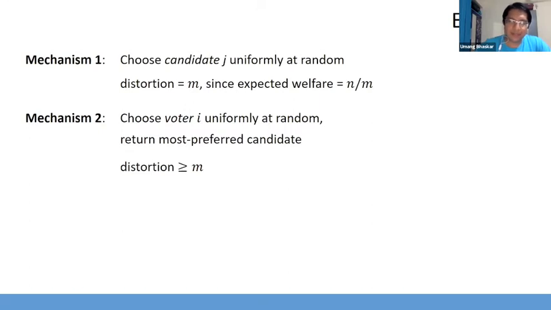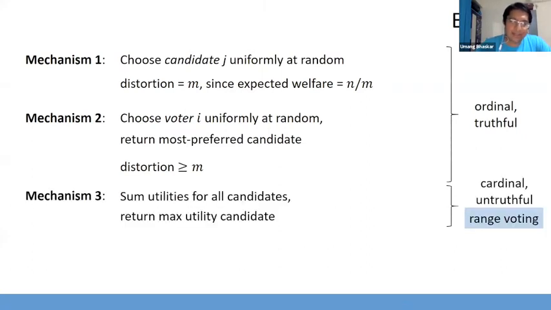Again, it's not hard to see, and I think Iris showed this as well, that the distortion is at least m, and in fact m is asymptotically a tight bound. Both of these mechanisms are ordinal and truthful. The first mechanism obviously doesn't even look at the input, so clearly it's truthful. For the second mechanism, if you're the voter picked, then you should tell the mechanism truthfully what your most preferred candidate is.